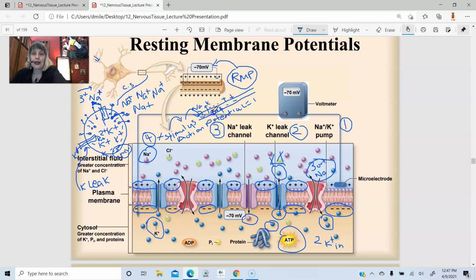Now we're creating a positive environment inside the cell and a negative environment outside the cell simply because of the sodium rushing in. So now we're changing the membrane potential from positive outside, negative inside, to negative outside, positive inside.